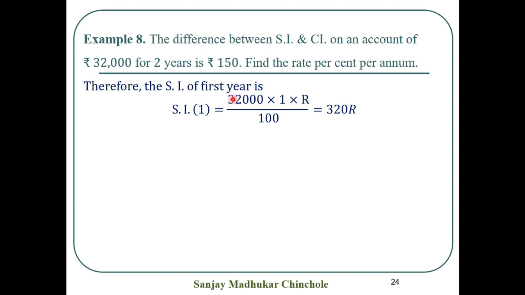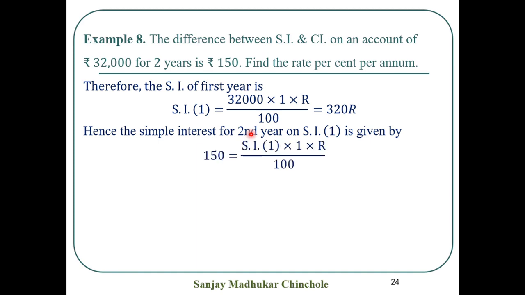For the first year, simple interest on this 32,000 rupees principal amount is equal to 320R. And on this simple interest of the first year, the simple interest is given to be rupees 150, the difference between CI and SI. Now we have to write the formula for the simple interest rupees 150 as a simple interest on 320R for 1 year.